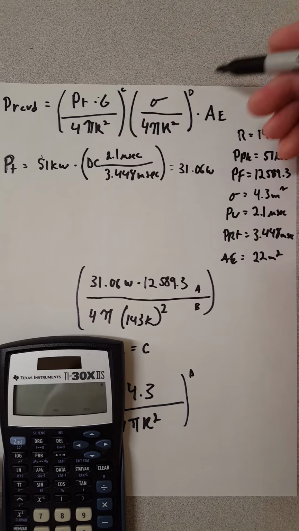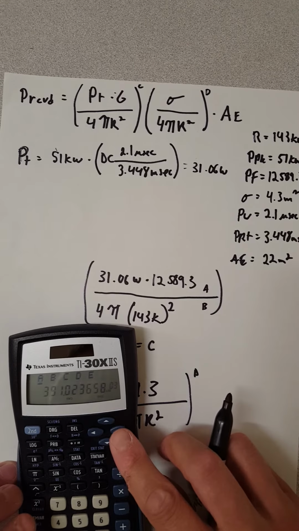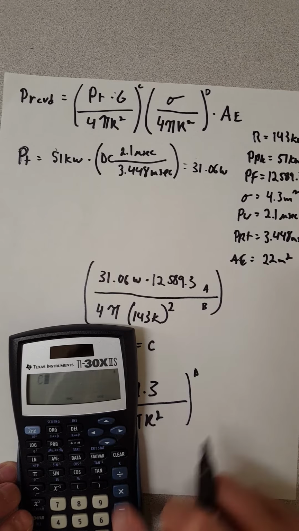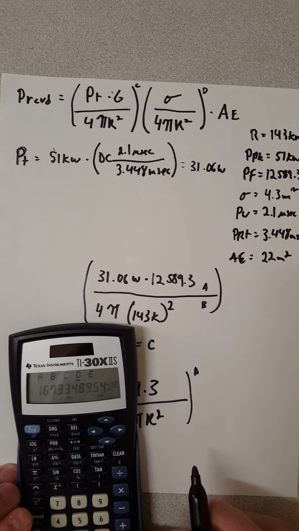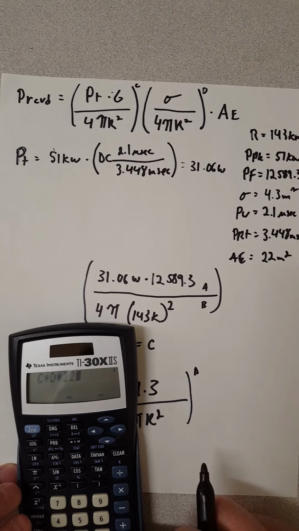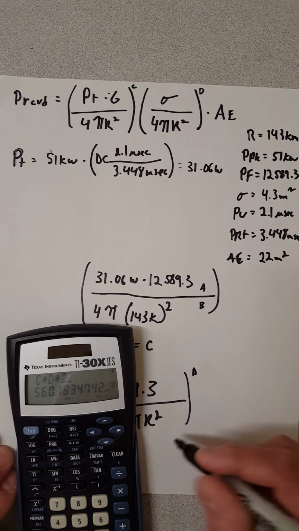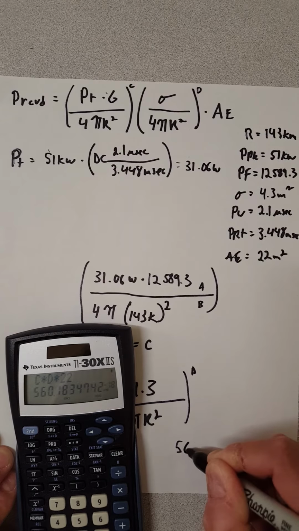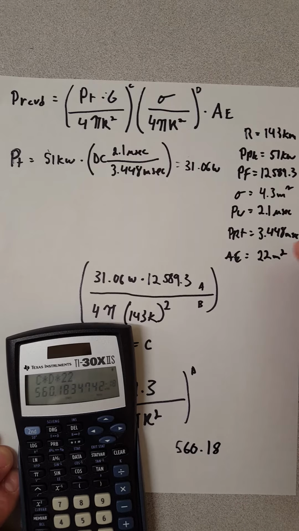So literally all we're going to do is recall C times D times 22. And what we get is 560.18 times 10 to the negative 18.